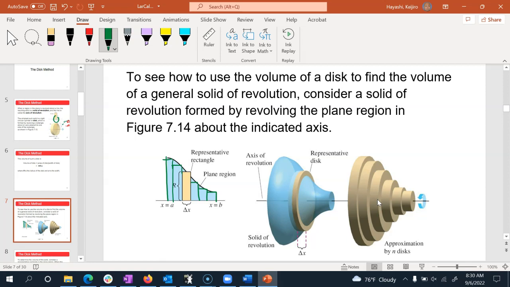And the idea is that, after 6 disks, you might get a better approximation by doing 10 disks, or 15, or 50. Not that you're actually going to have to calculate the volume of 50 different disks. Well, that's the basis for this approximation. So through integration, we're going to sort of see what happens when we get this to be infinitely many disks.